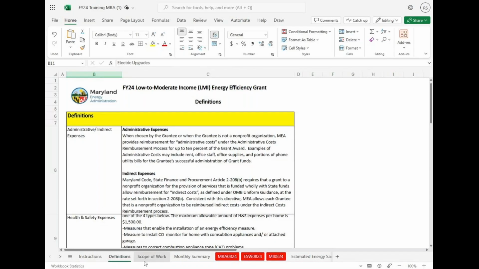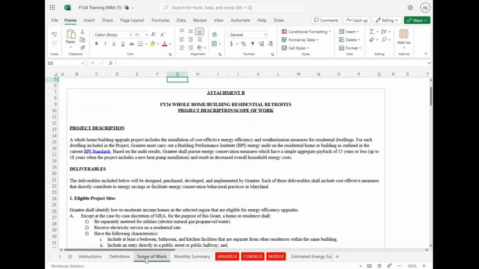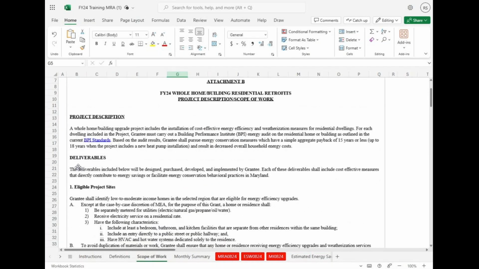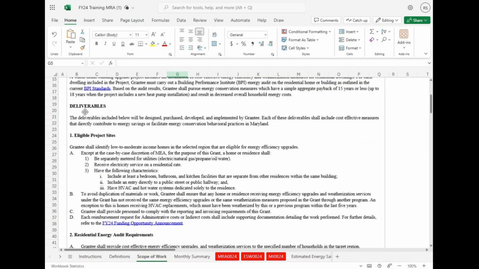As we move along on the tabs underneath, we have the work of scope. This is your work scope for your project specifically. So in this tab, it lets you know what your grant was approved and what we will be allowing throughout the cycle.